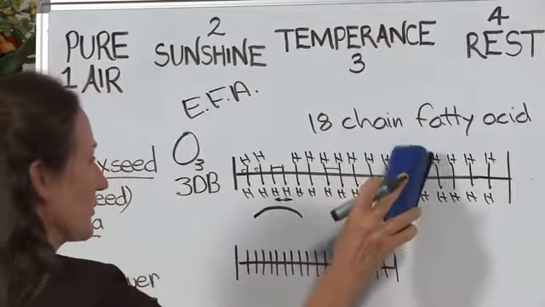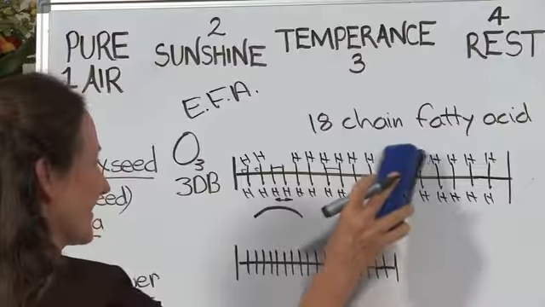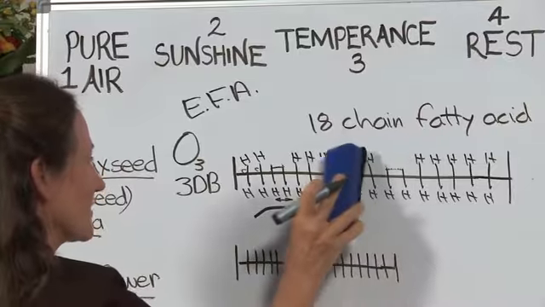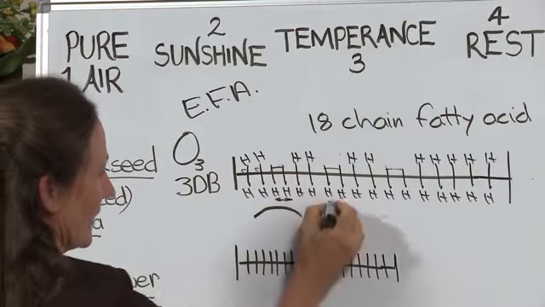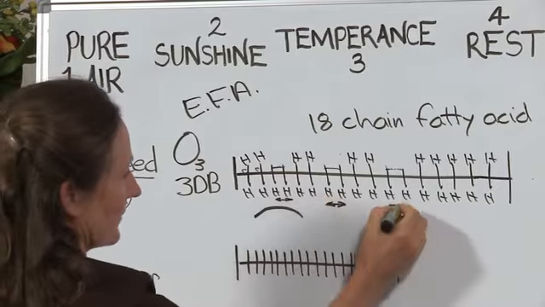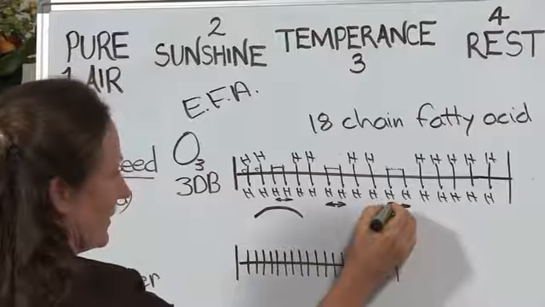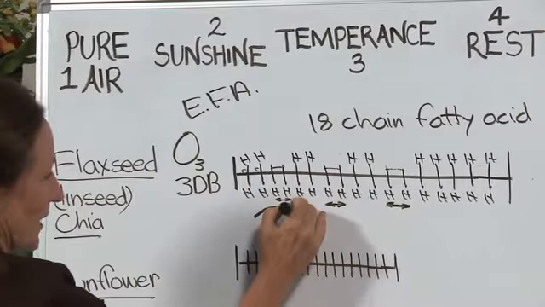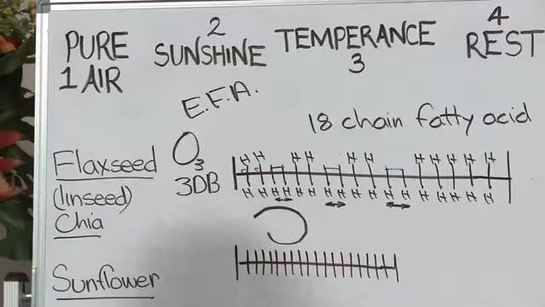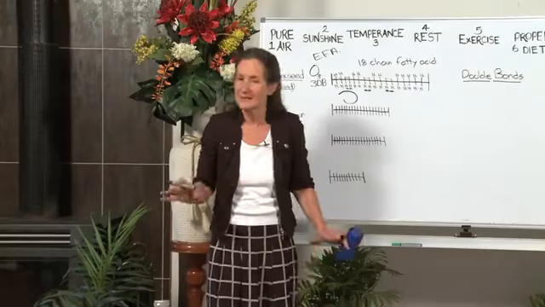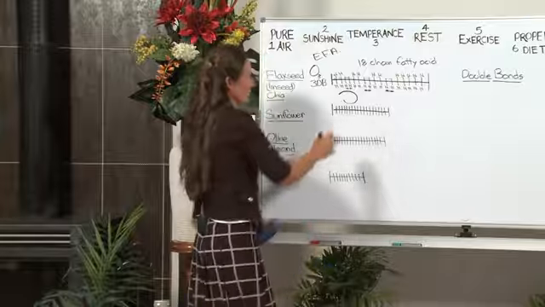So these double bonds are gone, these hydrogen atoms are gone, and the electromagnetic field is happening underneath. This causes 3 kinks in the chain, causing the oil to be a very fluid oil. It's a very thin oil because of its 3 double bonds.